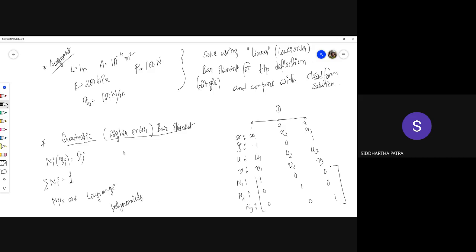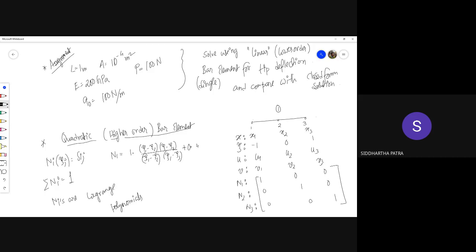Okay. So that means n1 equals 1 times (xi minus xi2) times (xi minus xi3) divided by (xi1 minus xi2)(xi1 minus xi3), then another term. So if you take 3 points, there would be three terms.